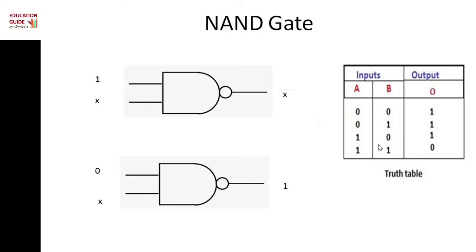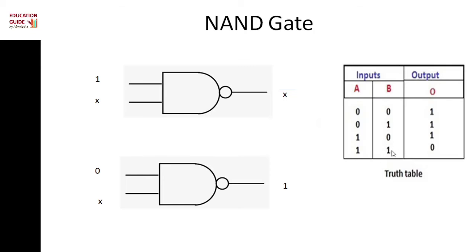We can understand this by the table. When the input is 1 and we don't know about x, what is x? If x is 0, then we get output 1, meaning x bar. If x is 1, then we get output 0, which also means x bar.